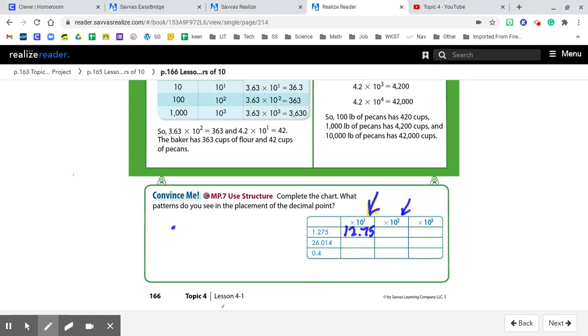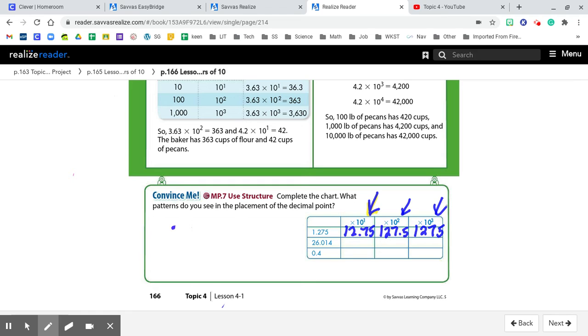So if I move it 2 places, I wind up with 127.5. And then 10 to the third power moves it 3 places. I wind up with the whole number, 1,275. And if you notice in that problem, we didn't have to annex any zeros. Our decimal did not move outside of the digits that we already had.